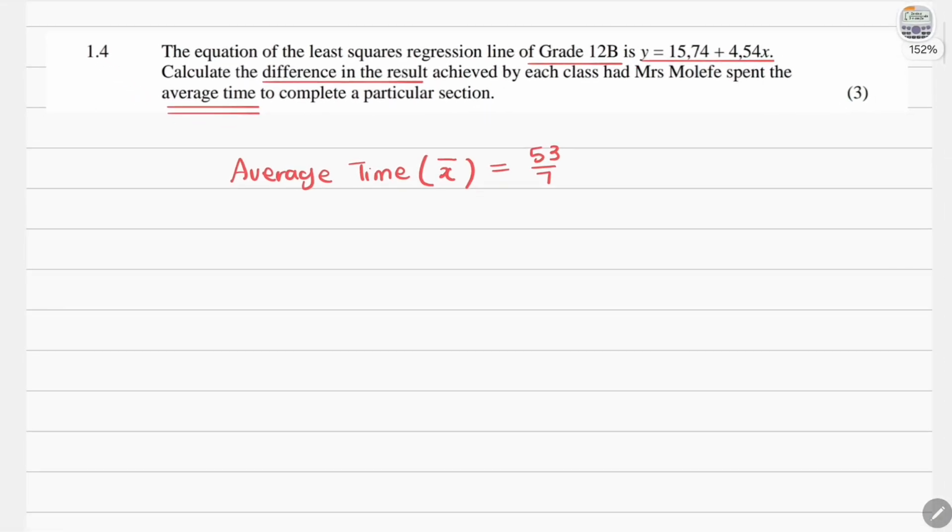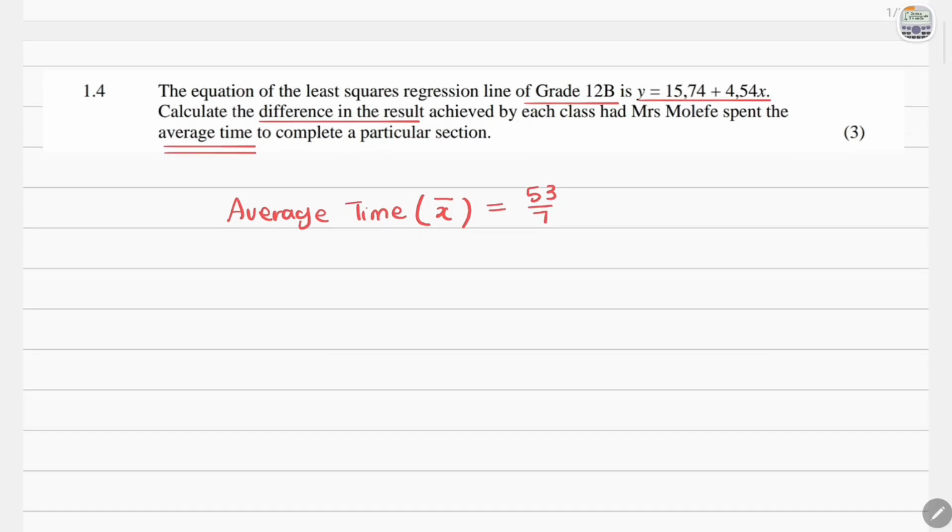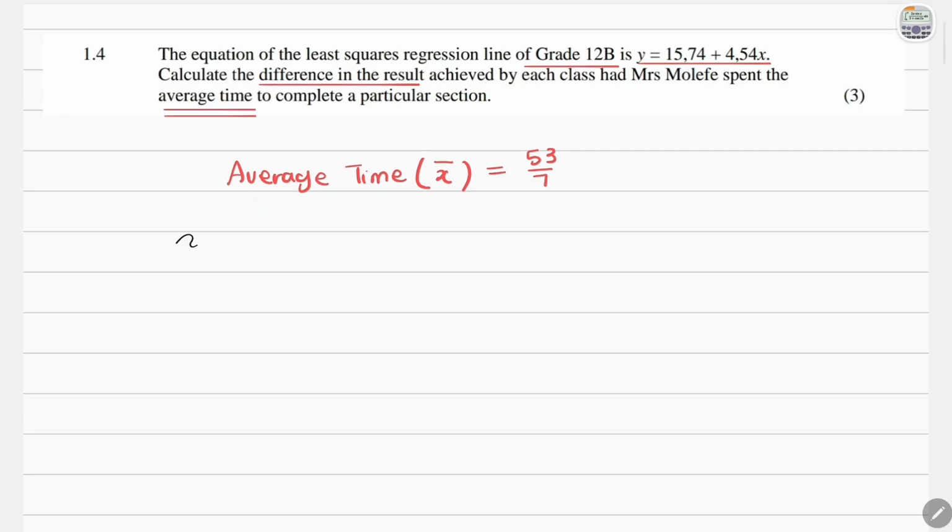And what we're going to do now is, if she had taught them for the average time, we're going to find the difference between grade 12B's results and grade 12A's results. So for each grade, so grade 12A, we're going to take the least squares regression line and substitute this as the x value, okay, and see the results that it brings about.